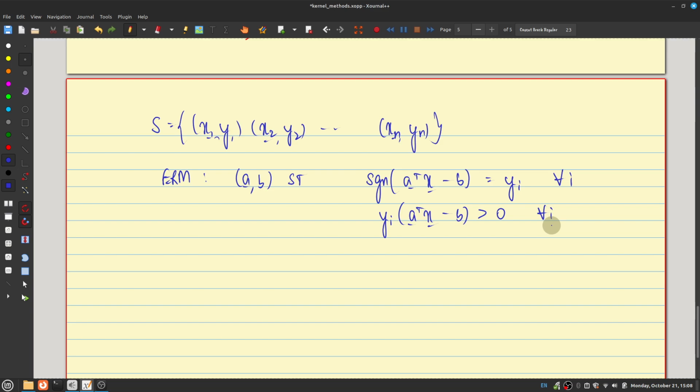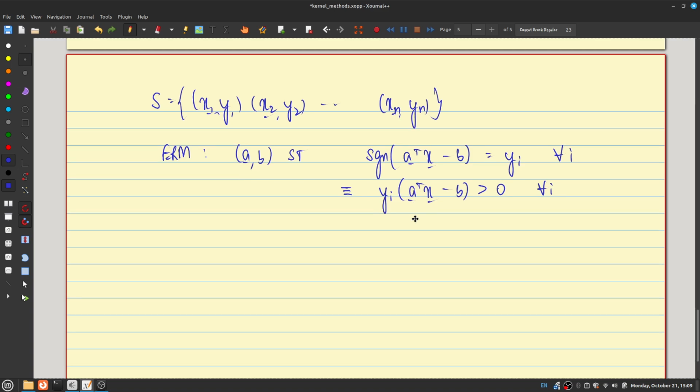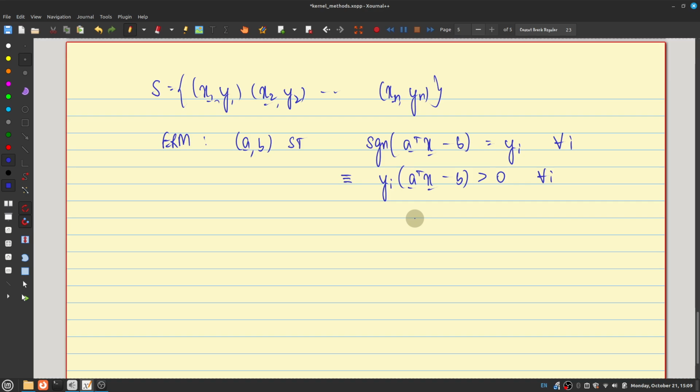I'm just saying that this is equivalent to this. These are just equivalent ways of looking at it. Effectively, this means that Yi and A transpose X minus B have the same sign. Correct?